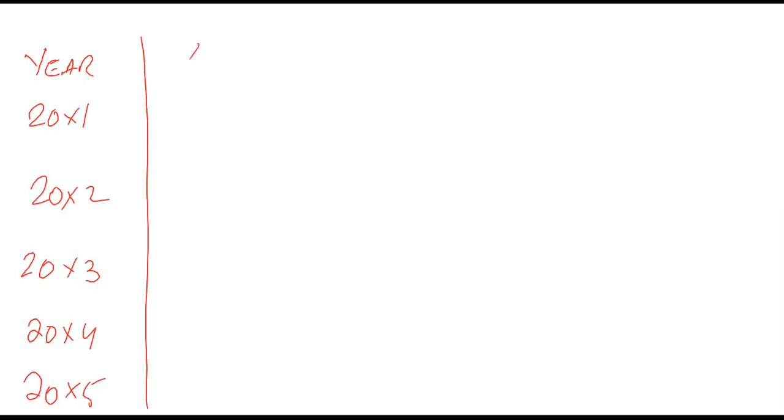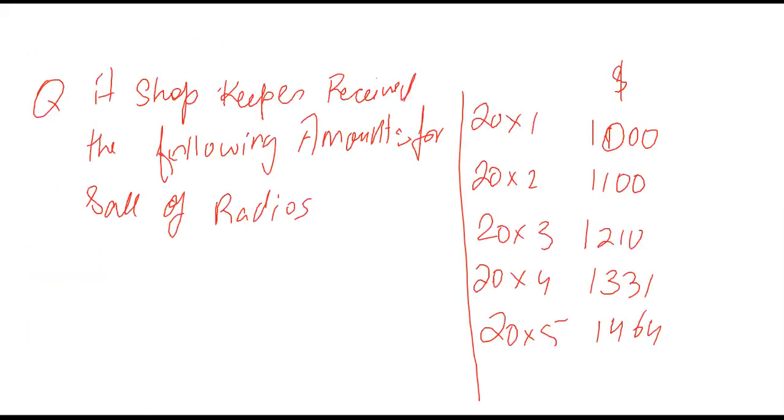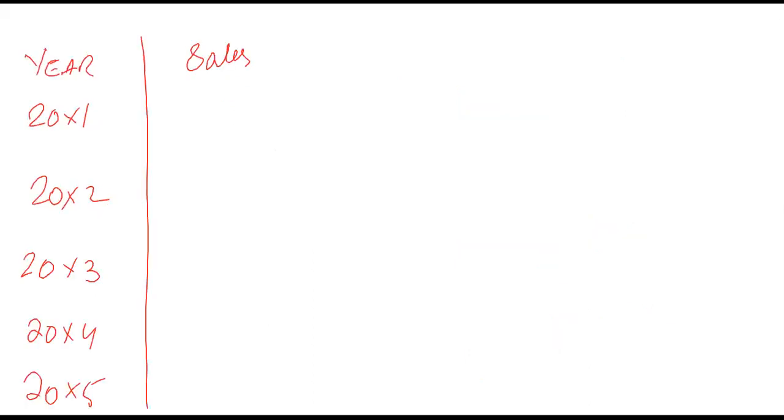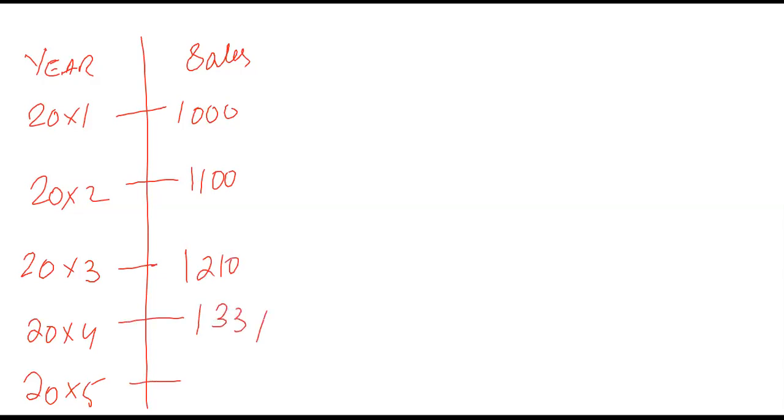Now the sales value given in the question is 1000, 1100, 1210, 1331, and 1464. I've got these values written with me as well. So 1000, 1100, then we have 1210, then 1331, and last but not the least 1464.